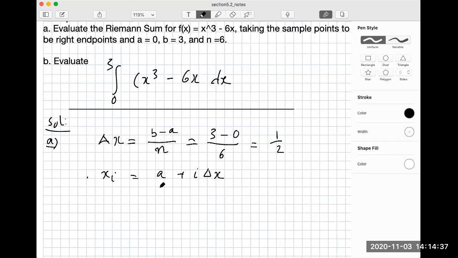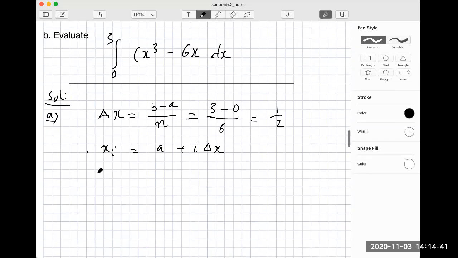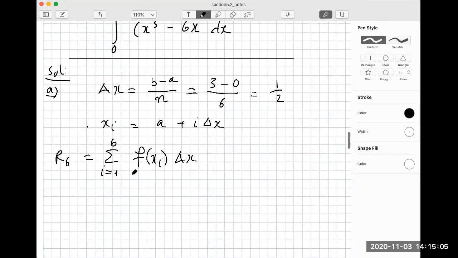And for the right endpoints, we know from the formula that R6 is the sum from i equal to 1 to 6 of f(xi) delta x, right? But in more detail, let us write it down.